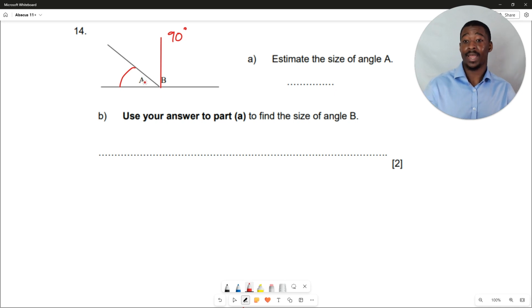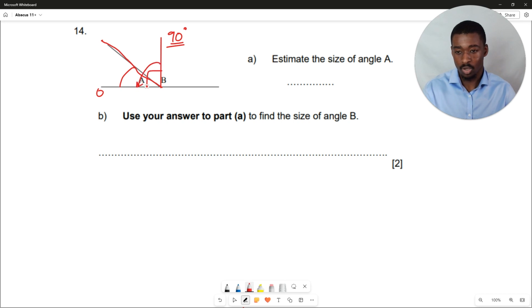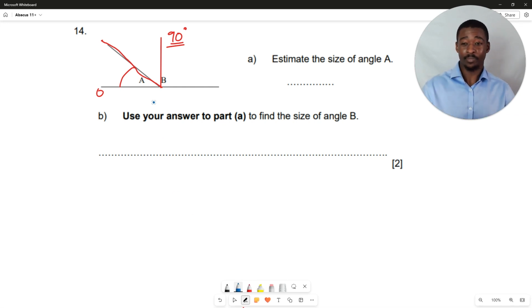And then if you also compare it to 90 degrees, it kind of looks halfway between our 90 degrees and our 0, right? All the way over here. So if we're halfway between 90 degrees and 0, then roughly we should be at 45 degrees.